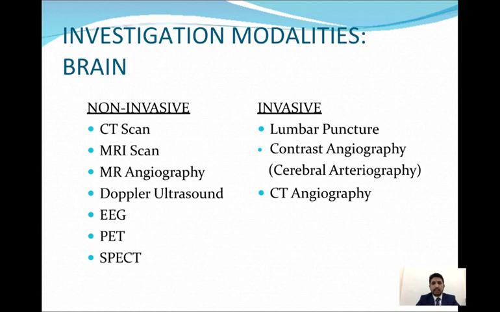They are divided into non-invasive and invasive: CT scan, MRI, MR angiography, PET, SPECT, Doppler ultrasound, and invasive LP, CT angiography or contrast angiography. These investigations are not necessarily done in every patient of stroke. There are some patients who are candidates for these investigations, so you select them depending upon the underlying etiology.